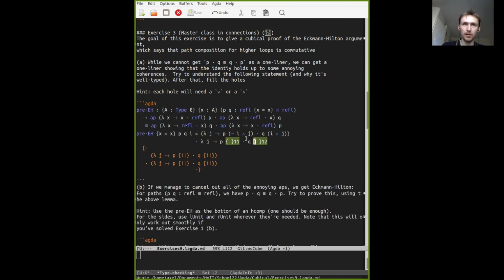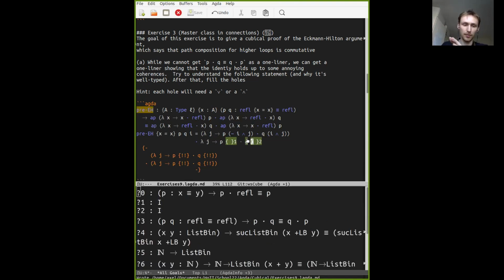Okay, but we know in this case that when we restrict J to I1, this term has to be refl composed with refl, right? And this again forces us.